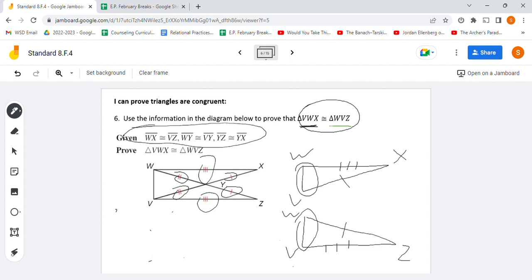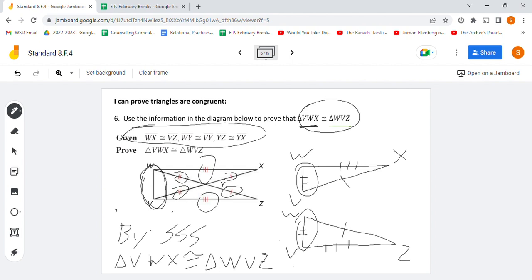So we can see that they are the exact same side on this picture. So we get WV on this triangle is congruent to WV on this triangle, and that's enough to say by side-side-side congruence theorem, triangle VWX is congruent to triangle WVZ. And that's the conclusion of our proof.